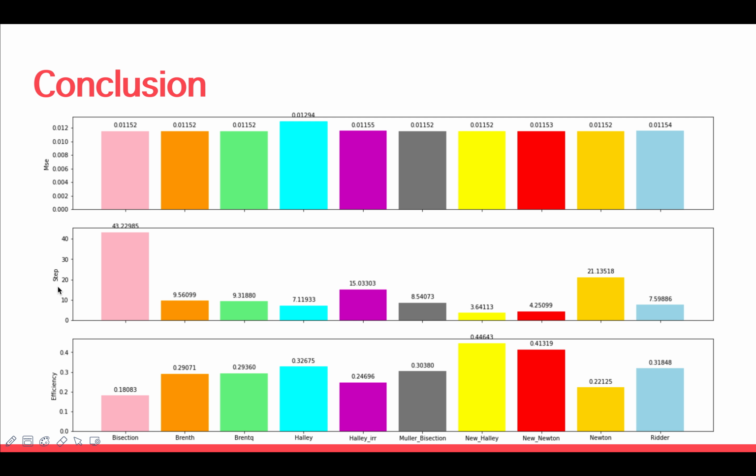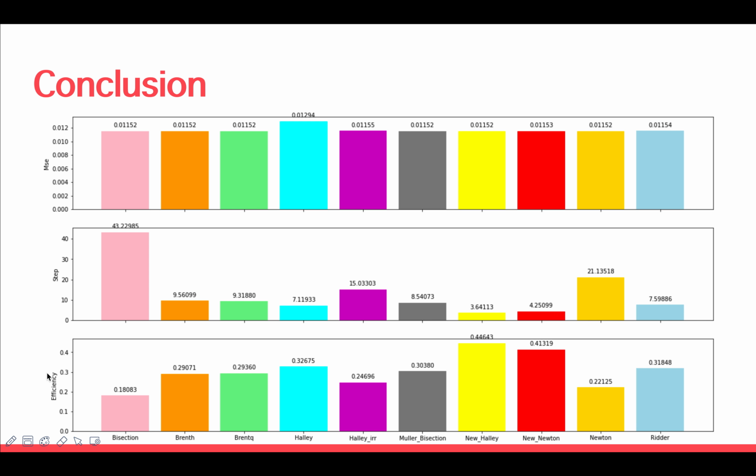And for the step, we can say the bisection method step is very high, but this new Halley method's step is smaller, just around 3.6, and then this Newton is good. This makes sense because the initial points of the new Halley and the new Newton are already calculated by the Brent method, so the step is not that big compared to others.